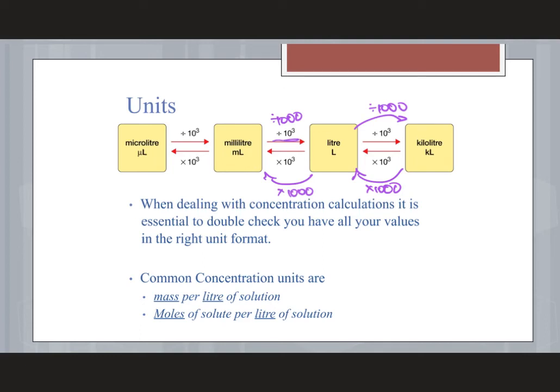Milliliters, again, the same difference, 10 to the 3 difference between a microliter and a milliliter. So if I want to go from milliliters to microliters, I will multiply by 1,000, and then of course divide by 1,000 going this way.